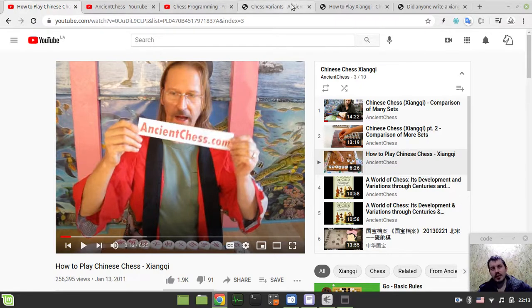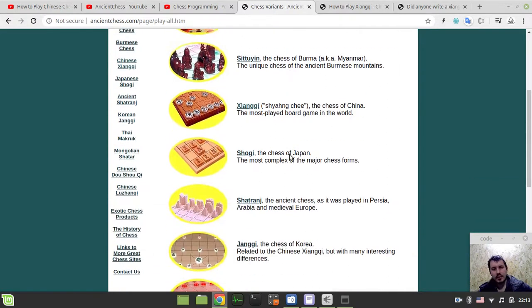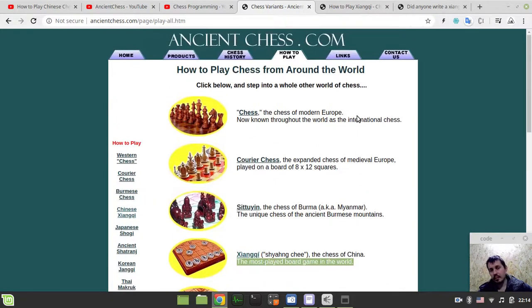At the very least, it's very interesting that I didn't know before that CNC is the most played board game in the world. This is a little bit surprising. While Xiangqi is considered to be the most complex, CNC is the most played. This is very interesting, really.